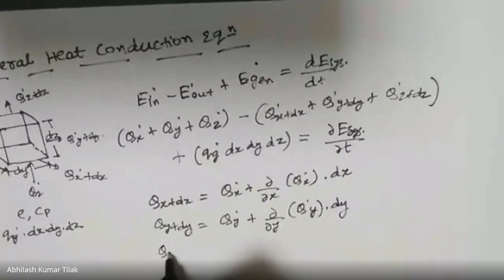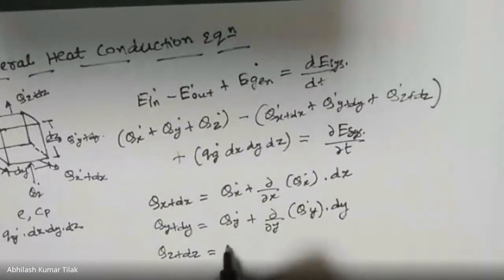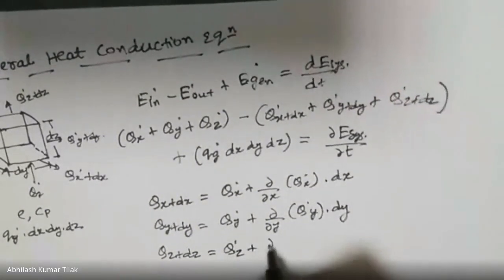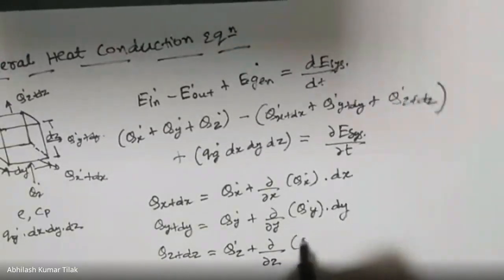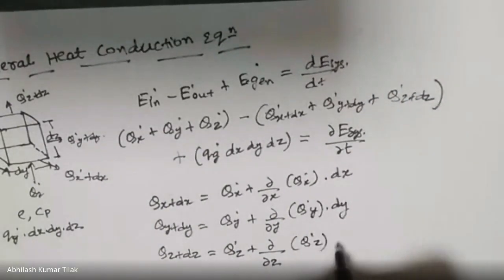Similarly, for q of z plus dz, I can write it to be qz plus dou by dou z of qz into dz.